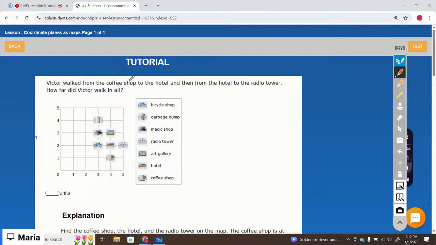Victor walked from the coffee shop, this is the sign of the coffee shop, to the hotel. There is the hotel, from here to there. And then from the hotel to the radio tower. How far did Victor walk in all?